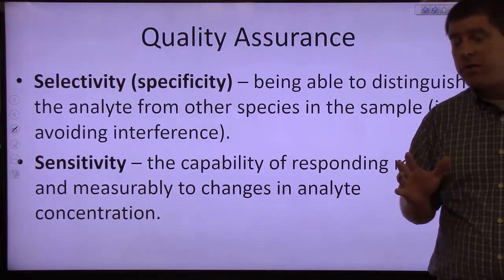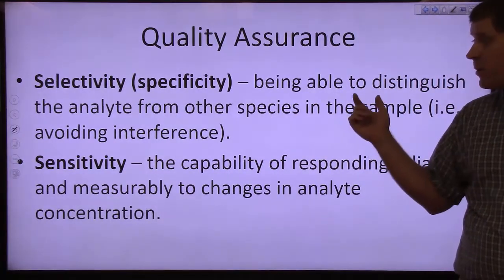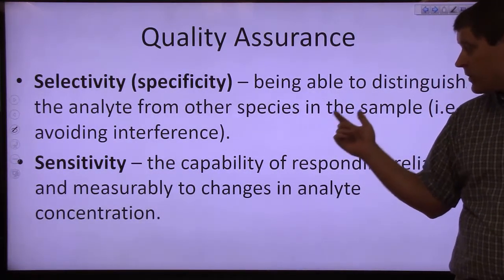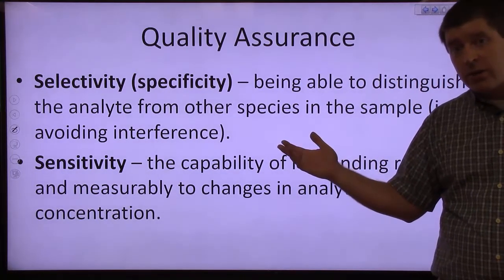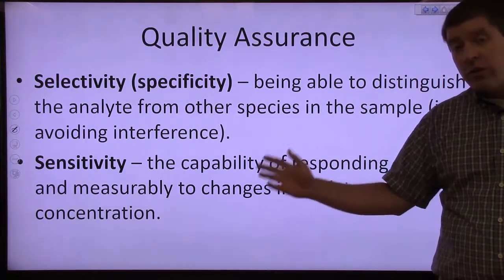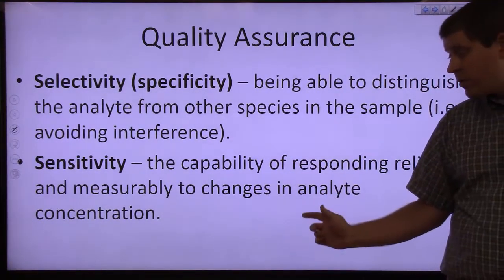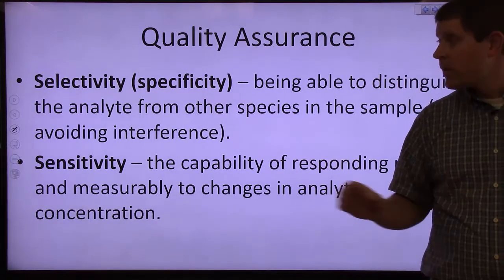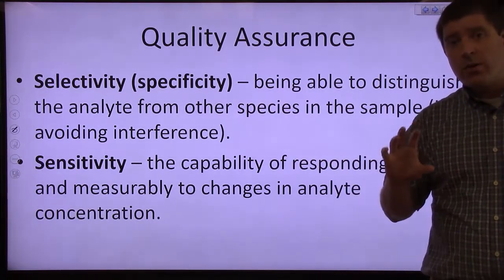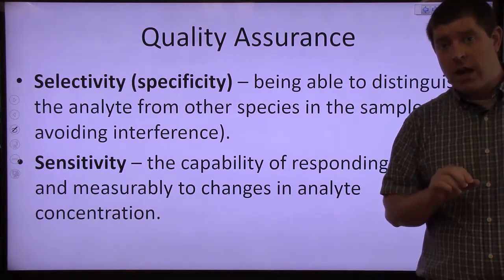Now let's make a few definitions. Selectivity or specificity is being able to distinguish the analyte from other species in the sample. In other words, avoiding interference from things that you don't want to detect. Sensitivity is the capability of responding reliably and measurably to changes in analyte concentration. In other words, selectivity is whether or not your analysis responds to things other than the analyte.